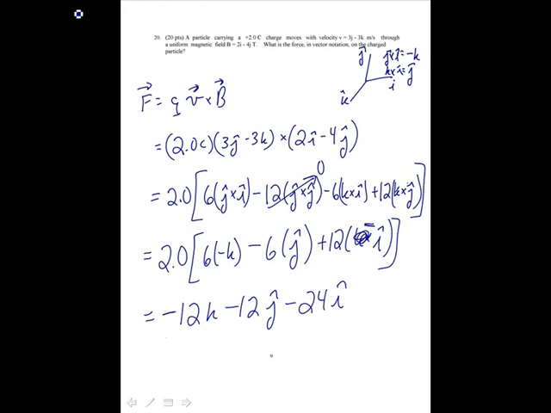Largely people miss the signs on this. I didn't count off a whole lot for that.